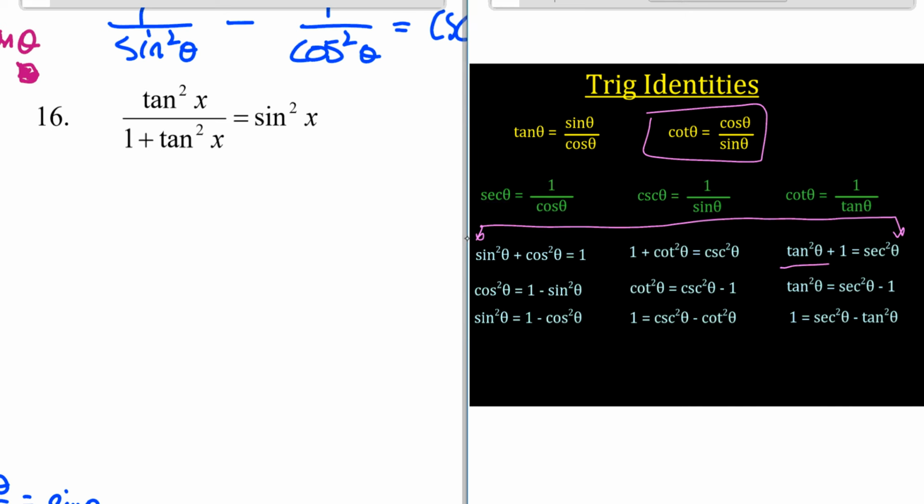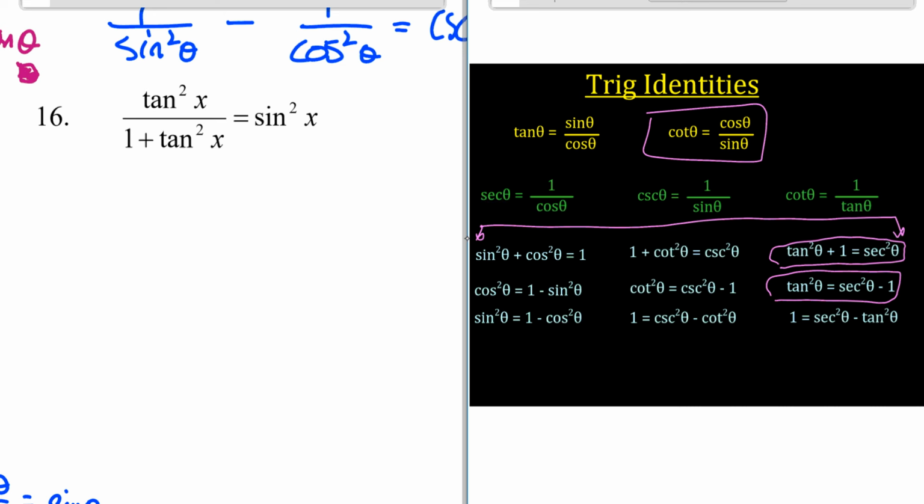And yeah, there is. It's right here. So let's switch that. 1 plus tangent squared is the same as tangent squared plus 1. If it was a subtraction, if it was 1 minus tangent squared, that wouldn't work. Looking right below here, if you had 1 minus secant squared, you can't say that that's tangent squared. That's different.